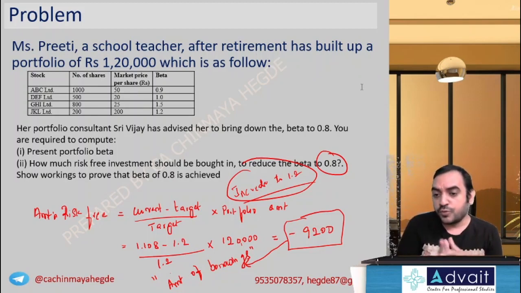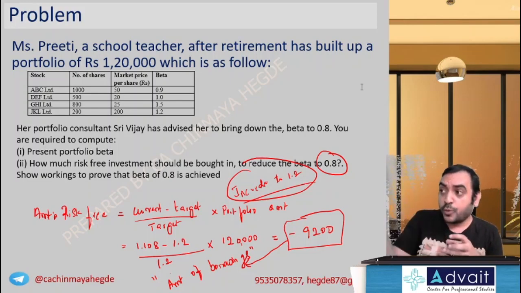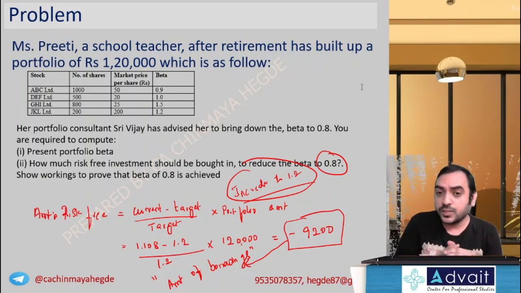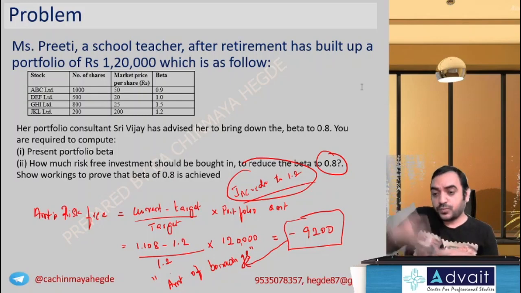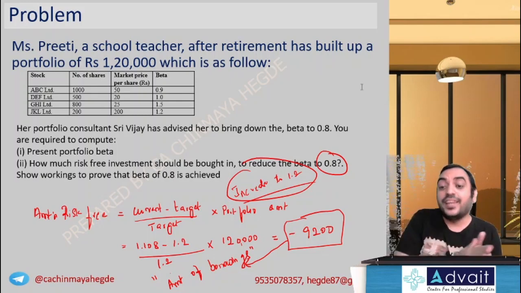When we withdraw from the existing, will we invest in the risky security to increase the beta to 1.2? As I told you, two interpretations are possible. One: the existing amount stays, you borrow an amount and additionally invest it. Or: the amount you borrow, you withdraw from the existing, so basically your equity will reduce and your debt will increase.